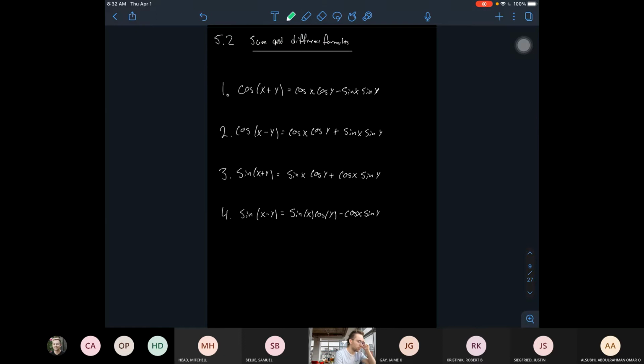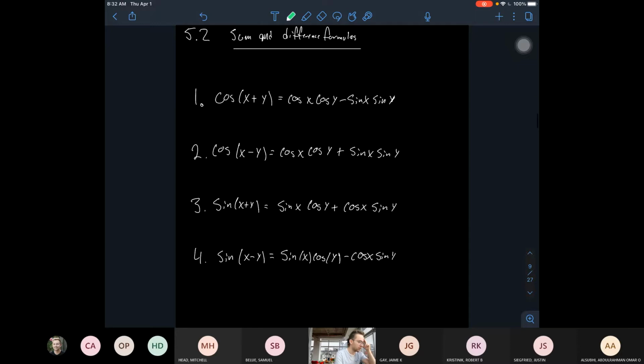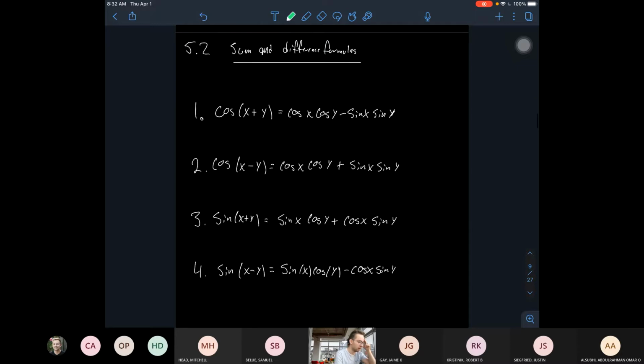Then we started learning about the sum and difference formulas, and I didn't give you a really awesome geometric proof of why these formulas are true. If you want to see one, come see me during office hours or set up an appointment and I can talk with you about it.